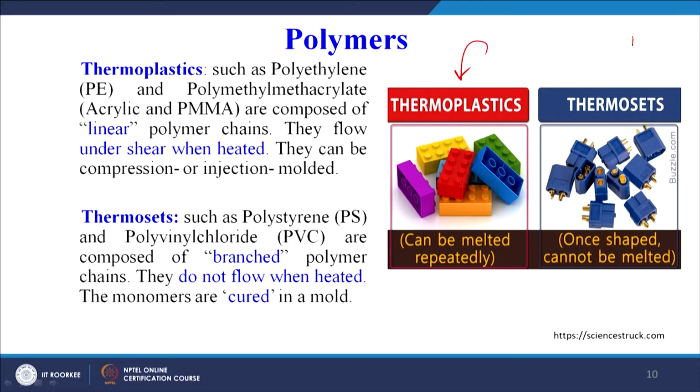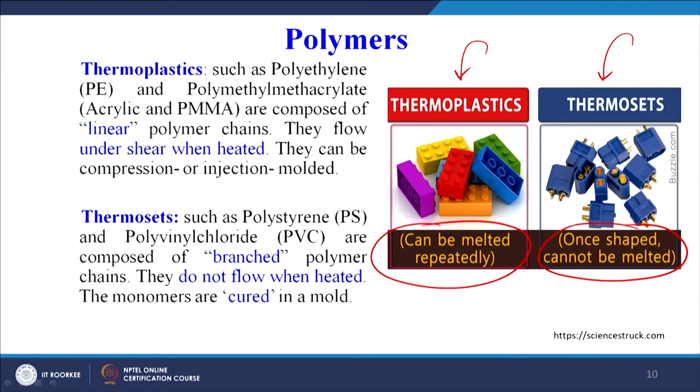Now polymers, as I have already listed, can be thermoplastic and they can be thermoset. Thermoplastics, mostly the toys that we see for our children, are made up of thermoplastics. These are the building blocks shown here. They can be melted repeatedly, which means that we can recycle thermoplastics, whereas thermosets, once they are shaped, cannot be remelted.